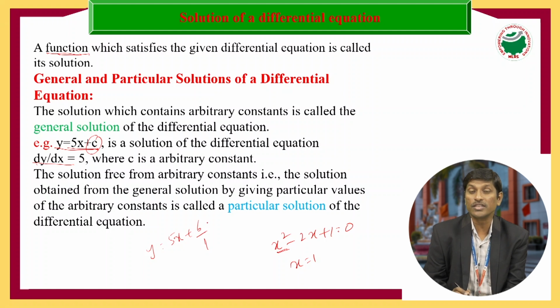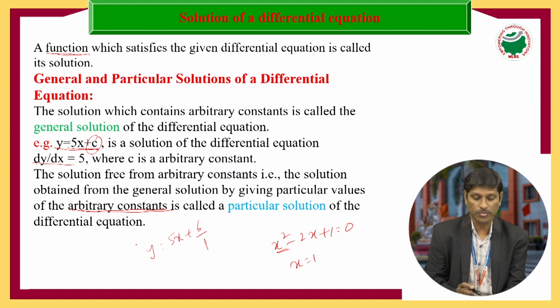It means particular values we are giving to the arbitrary constants, right? So here it is a solution free from arbitrary constants. That is nothing but no arbitrary constant. The solution obtained from the general solution by giving particular values to the arbitrary constants, then we call that a particular solution of the differential equation, right?